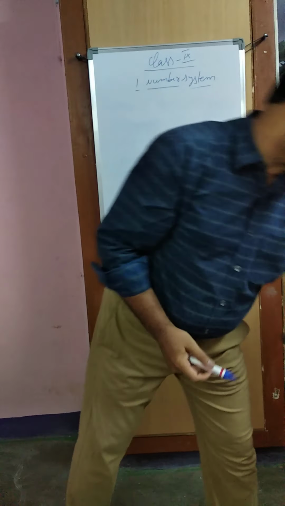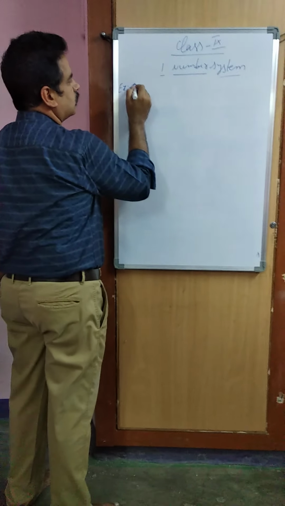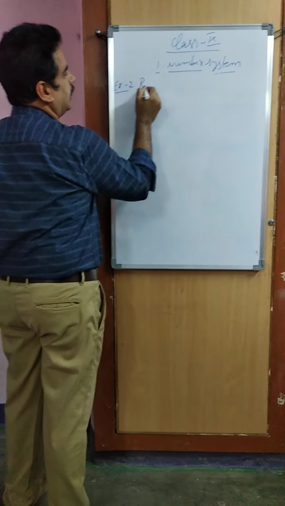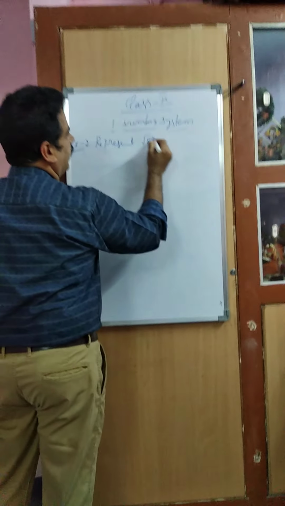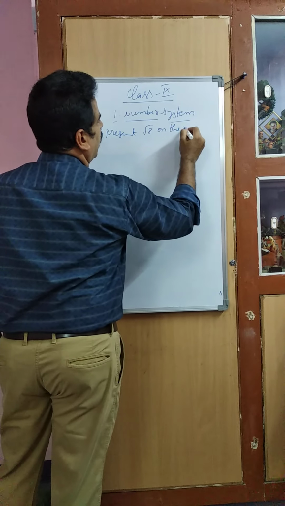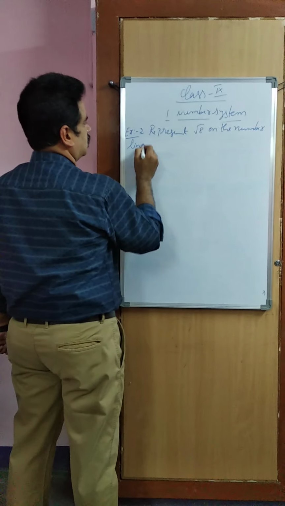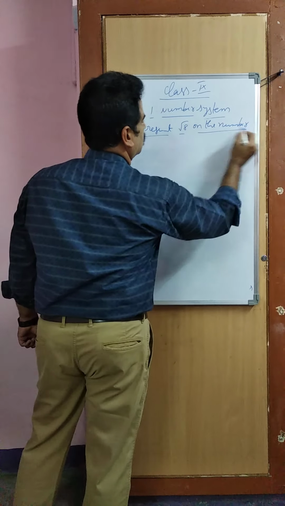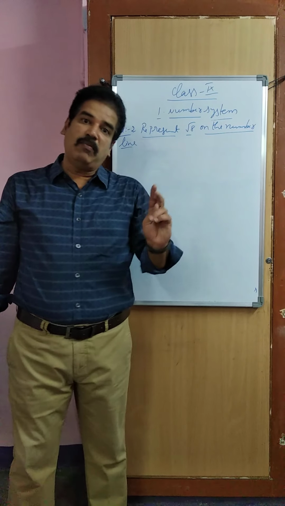And one more example, that is example 2. Represent root 8 on the number line. Root 8 is also an irrational number, it cannot be expressed in the form of p by q.